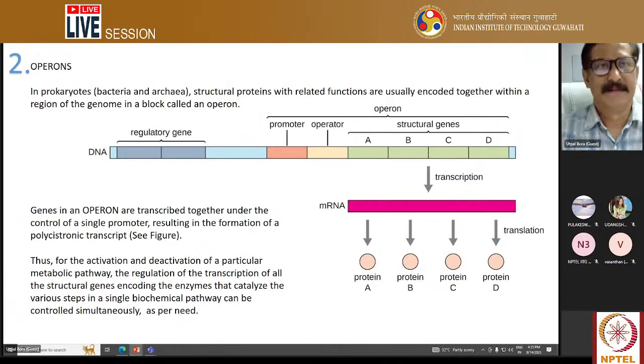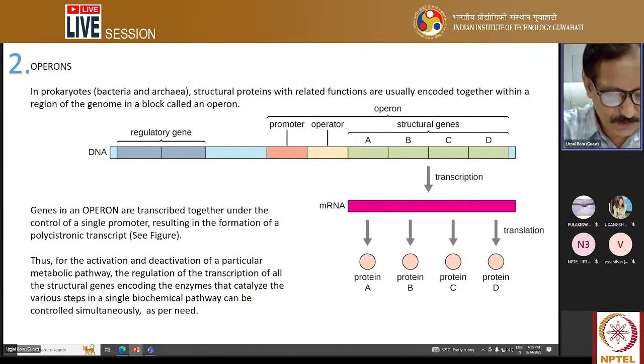Since he was looking into heredity, he was looking into phenotypes or features or characteristics which are easily visible.